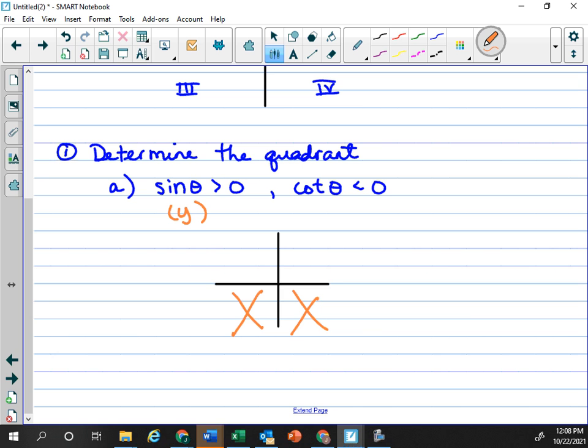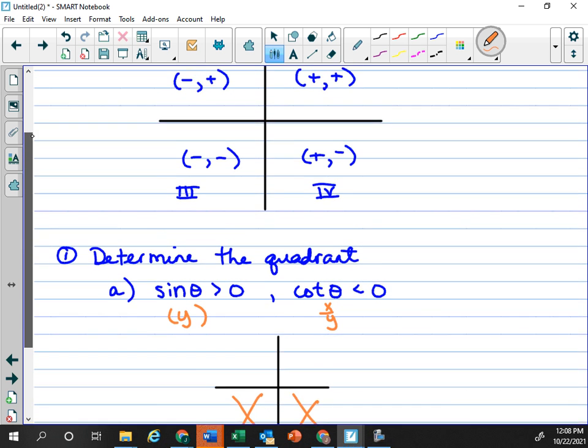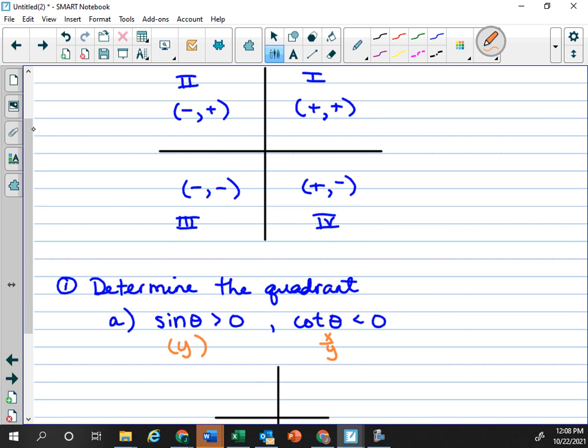Okay. Then I look at that second piece of information, cotangent. Is cotangent dealing with x, y, or both of them? Both, okay, because it's x over y. I know that that needs to be negative. The x and y together need to be negative. So guys, think back up here how we just labeled this.